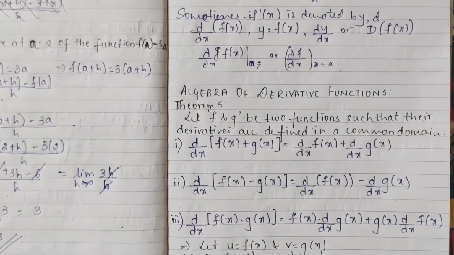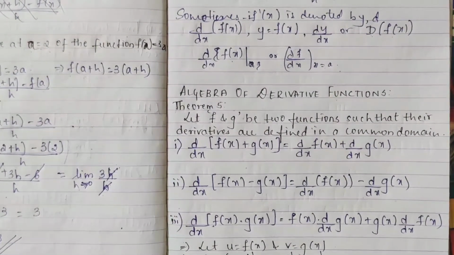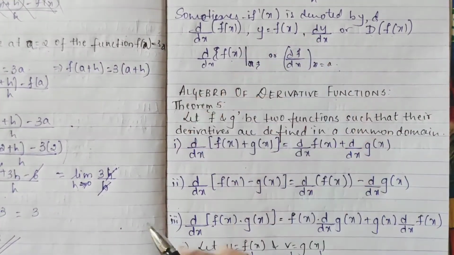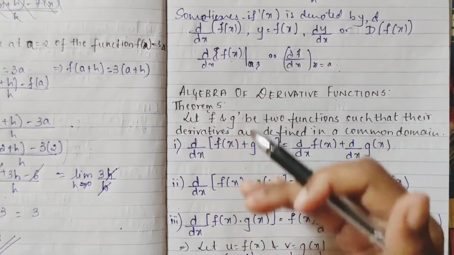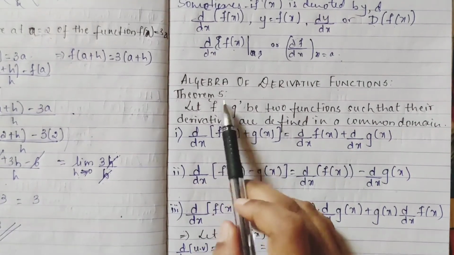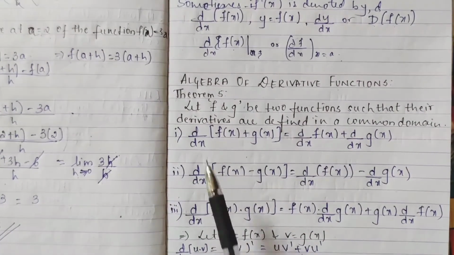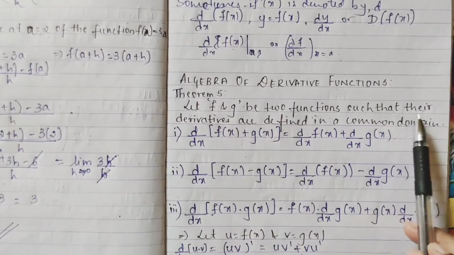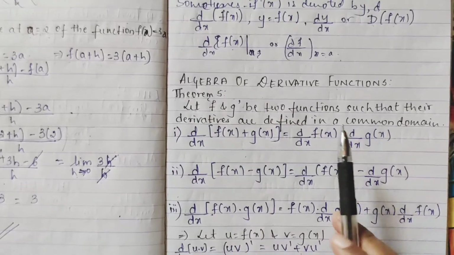Next is algebra of derivative functions. You had for limit functions, for sum, difference, product, quotient, right? So the same in terms of your derivatives also you have algebra of derivative functions. That is theorem 5. What it tells: let f and g be two functions such that their derivatives are defined in a common domain.